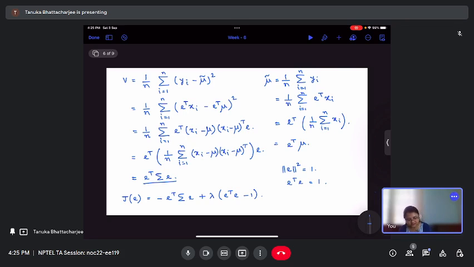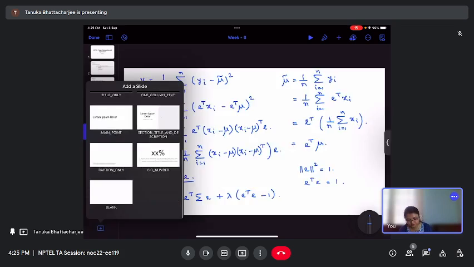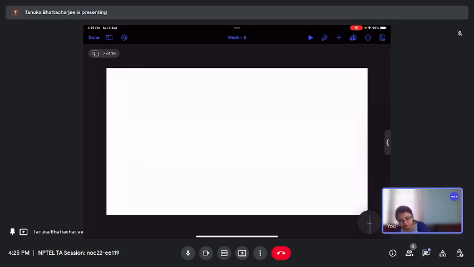If you take the derivative, your J of E is minus E transpose sigma E plus lambda times E transpose E minus 1.